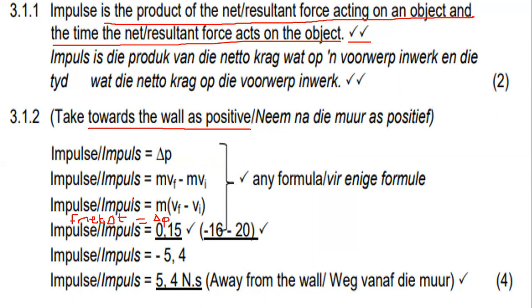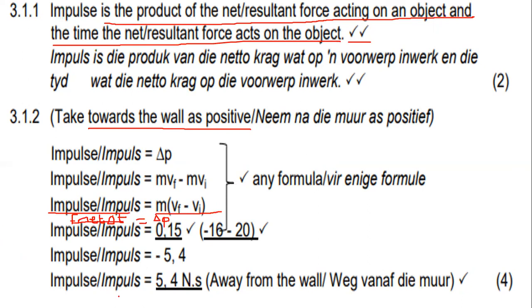Now, this is exactly what this formula is saying, because when you see F net you say F net delta T is equal to delta P. Altogether, my dear learners.